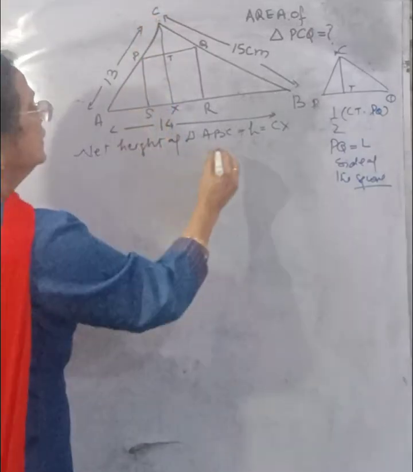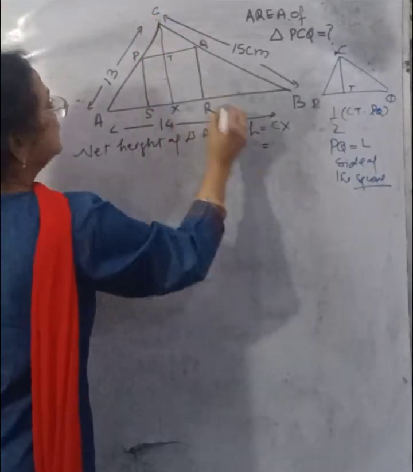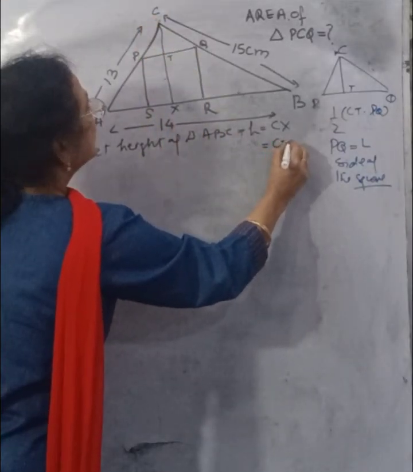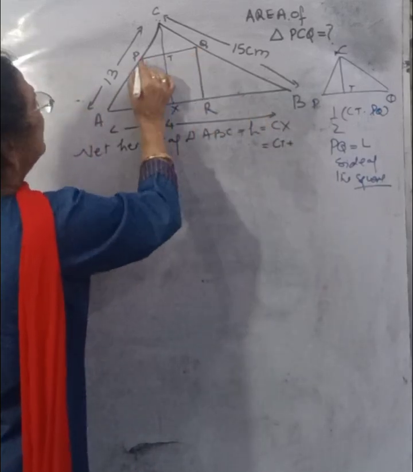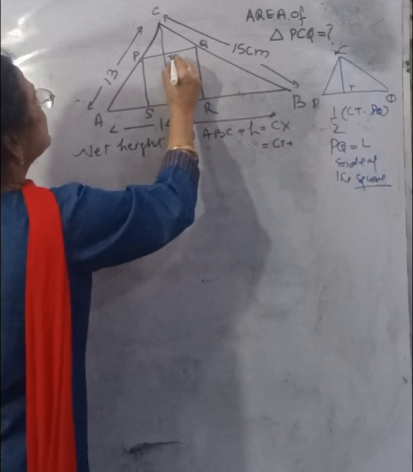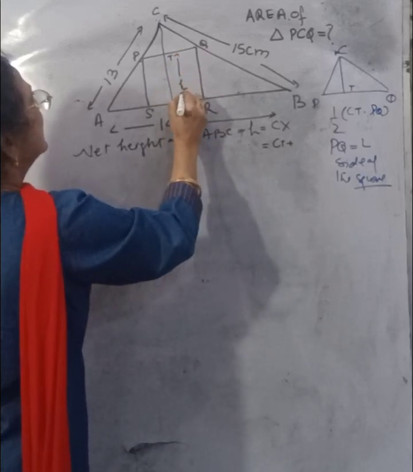This is the addition of these two, CT plus TX. And TX is equal to what? L, the side length.